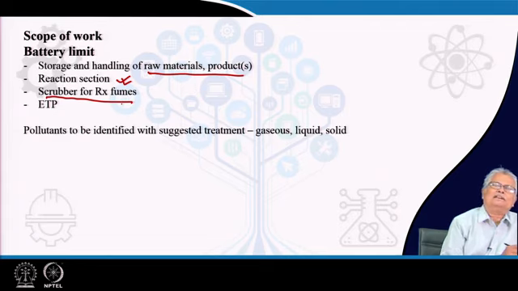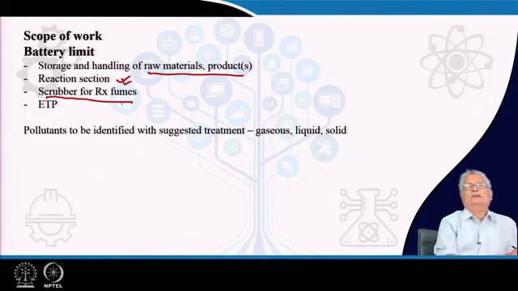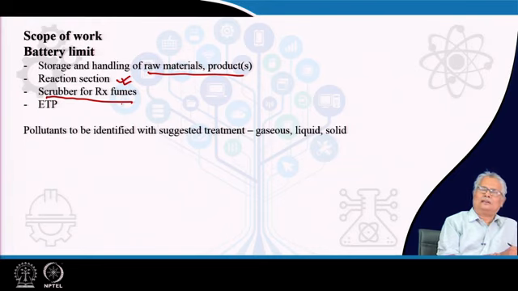You are going to generate a good amount of effluent also. You are going to handle hydrocarbon, you are going to handle acids, you are going to handle fumes, you are going to scrub the fumes and generate some sort of acidic water. So, all these have to be treated in your effluent treatment plant, and only then it can be sent out.